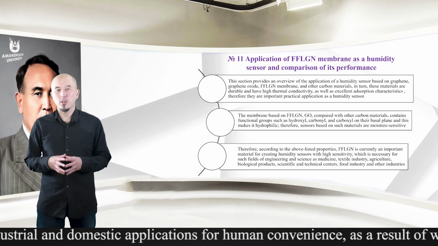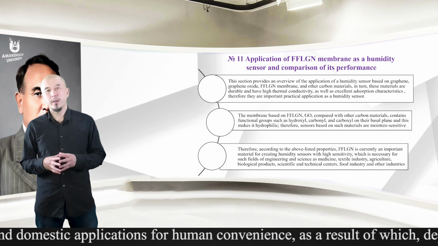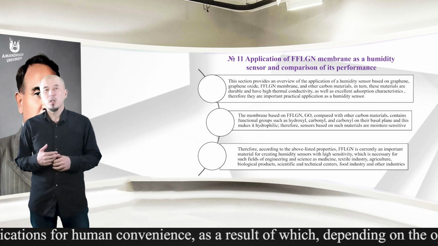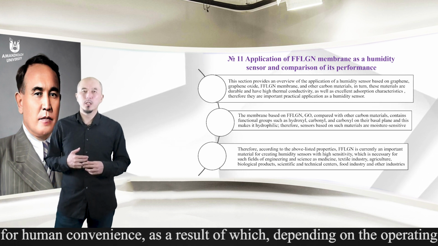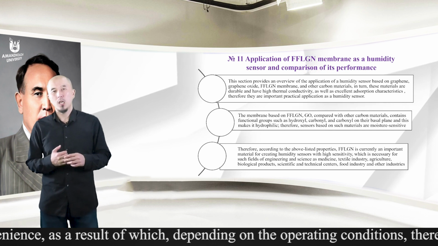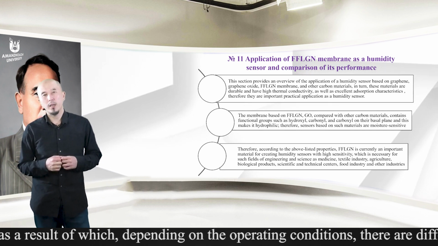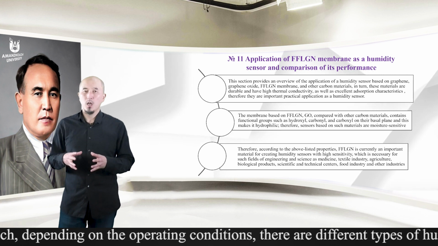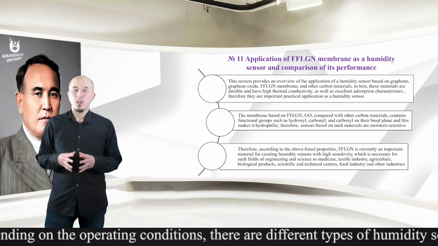The membrane based on FFLGN, compared with other carbon materials, contains functional groups such as hydroxyl, carbonyl, and carboxyl on their basal plane, and this makes it hydrophilic. Further, sensors based on such materials are moisture sensitive.